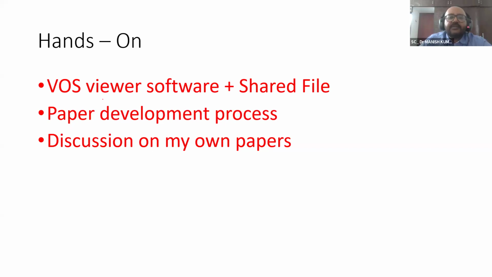Suppose two papers are citing one common paper, then those two papers are bibliographically coupled. Suppose one paper is citing another three, four papers.